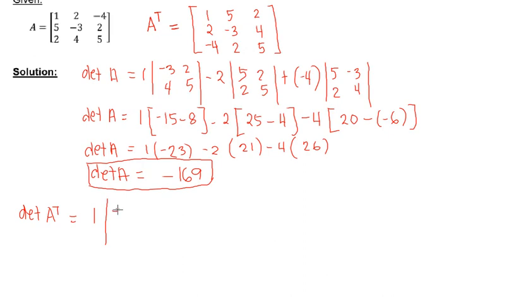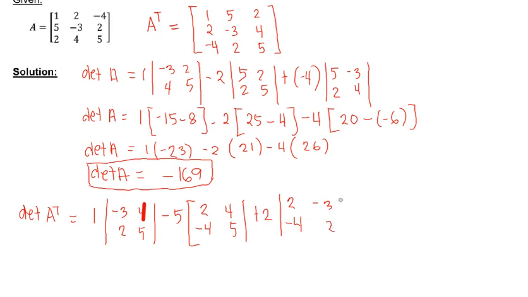So we have negative 3, 2, 4, 5. Next, we have, that is plus, so minus 5. So if we eliminate row 1, column 2, we have 2, negative 4, 4, and 5. And lastly, plus 2 times, we eliminate this row 1, column 3, we have this as leftover. So we have 2, negative 4, negative 3, and 2.